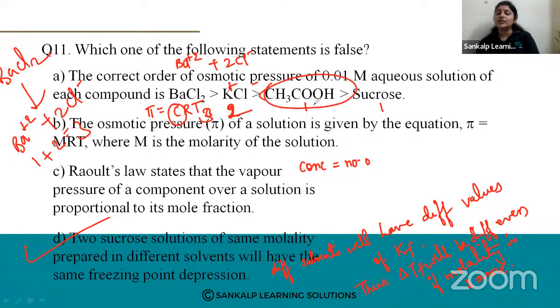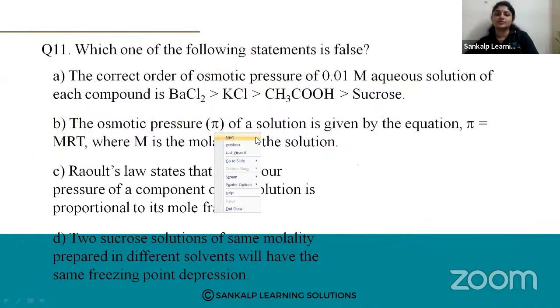Acetic acid, being a non-electrolyte, will be 1. Sucrose is also a non-electrolyte, so it is 1. So the correct order of osmotic pressure will be BaCl2 greater than KCl greater than acetic acid and sucrose. So this is also a correct statement. The false statement is option D. Okay, we'll go for the next one.